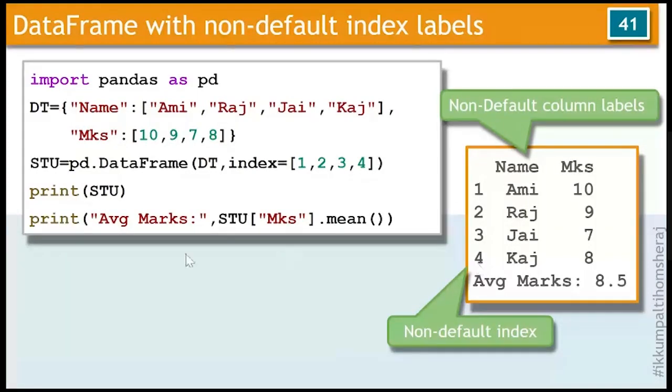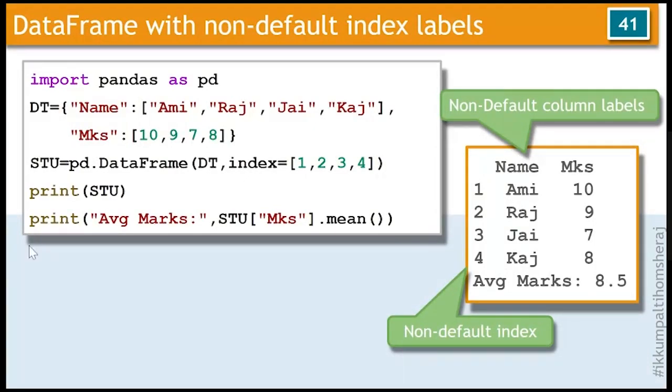Okay, so if we display the values for this particular data frame, you will see name and marks as the column headings, 1 2 3 4 as the row headings, and Ami 10, Raj 9, Jed 7, Kaj 8 as the data values under name and marks.